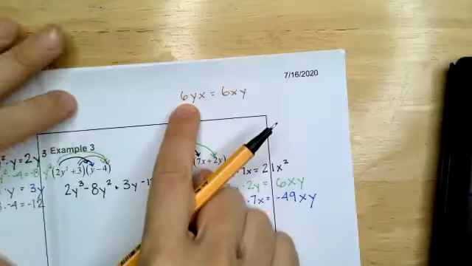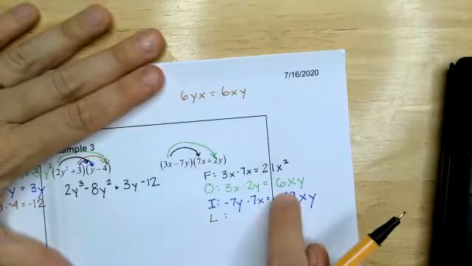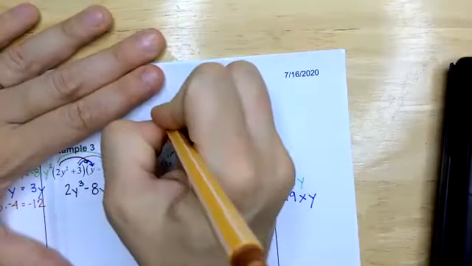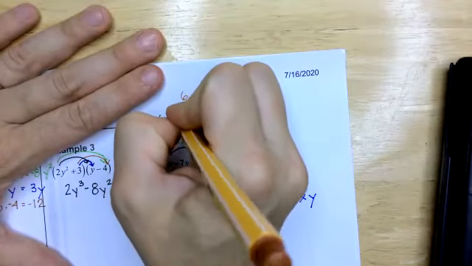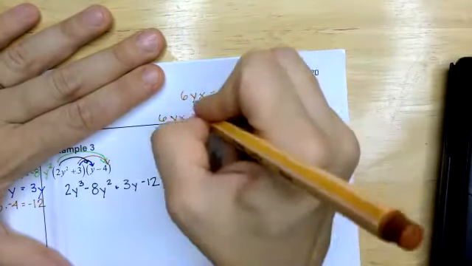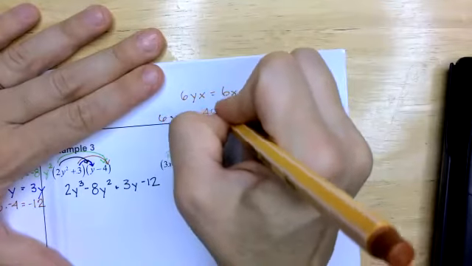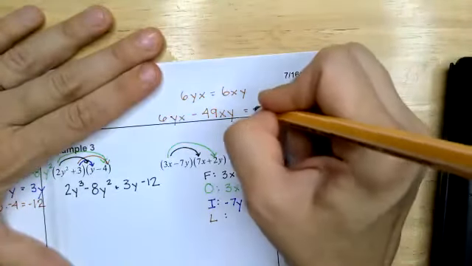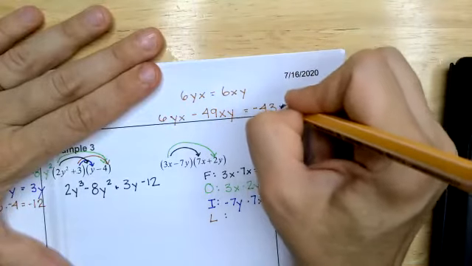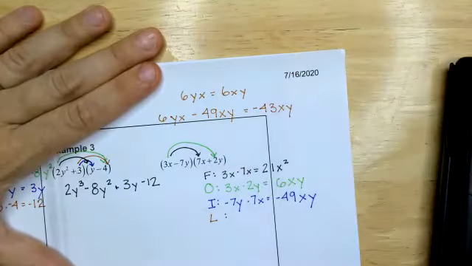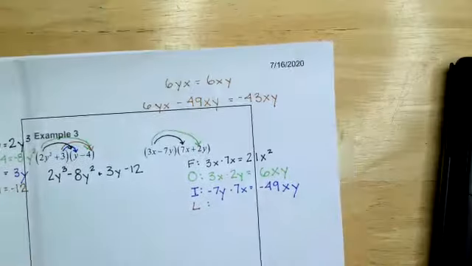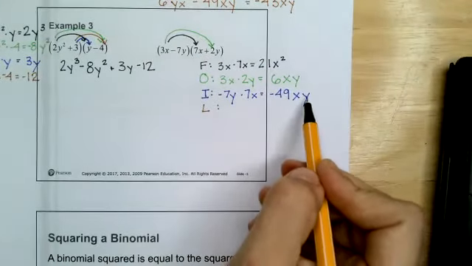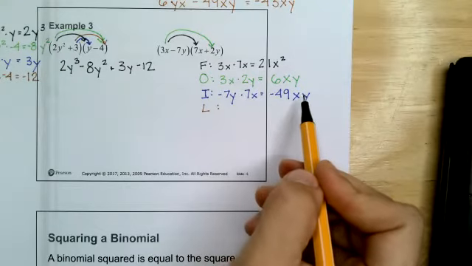And then, just in case you ever got 6yx minus 49xy, those are still like terms. That's still negative 43xy. It does not matter what order they're in, as long as they have the same variables raised to the same powers.